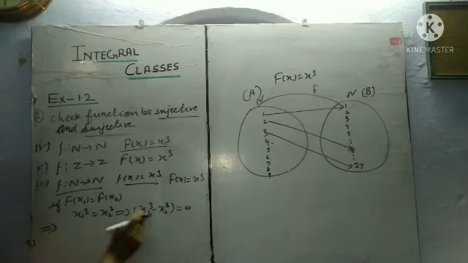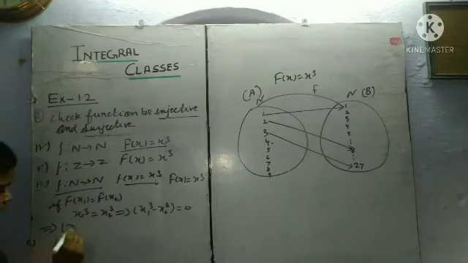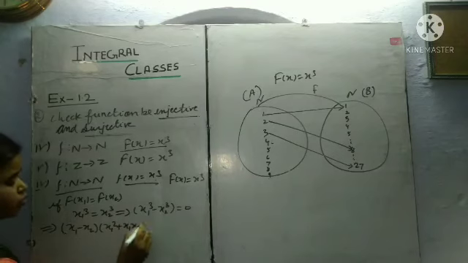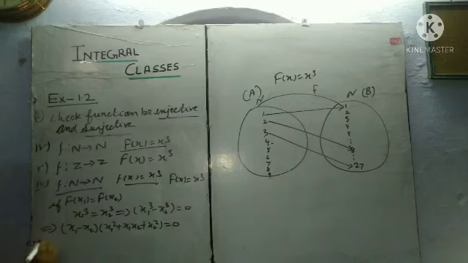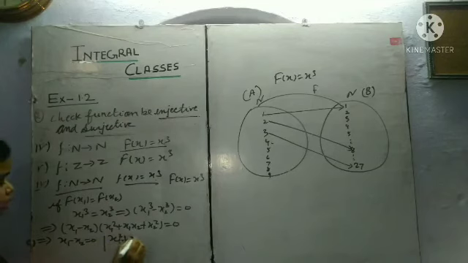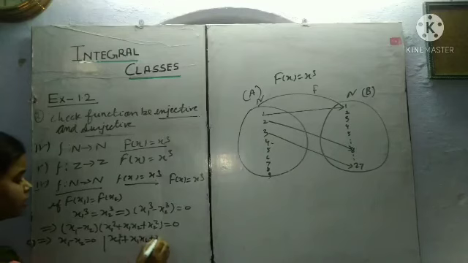Now we factor: (x1 minus x2) and (x1 square plus x1 x2 plus x2 square) equal to 0. So now we will get x1 minus x2 equal to 0, and second, x1 square plus x1 x2 plus x2 square equal to 0.